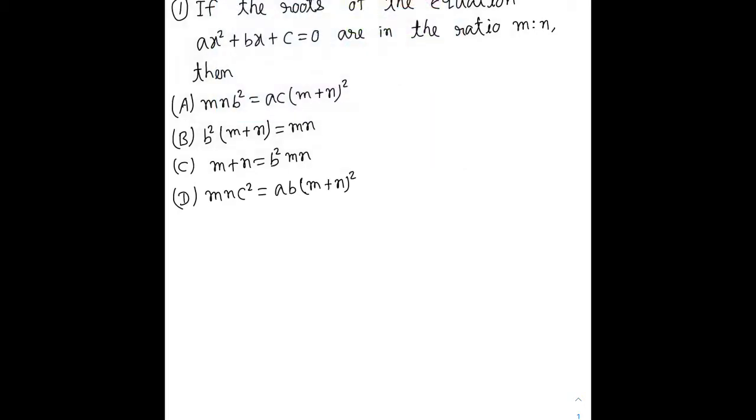Okay, so we'll do. If roots are in the ratio m is to n, either we can take the roots as, suppose, alpha as m times k and beta as n times k. Now if you apply the sum of roots, the formula for alpha plus beta is minus b by a.